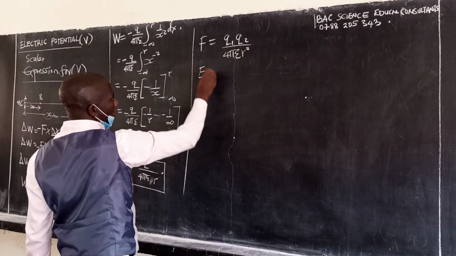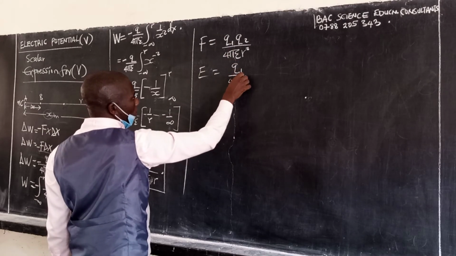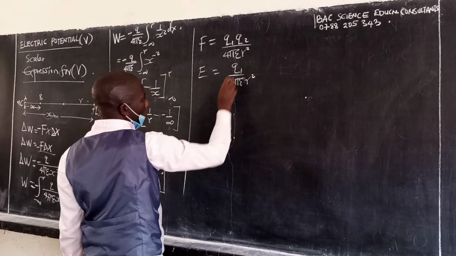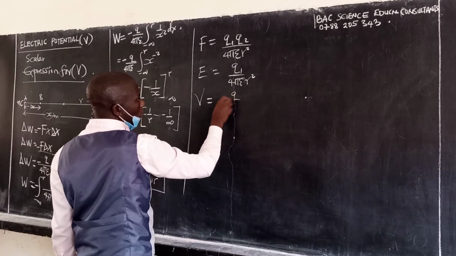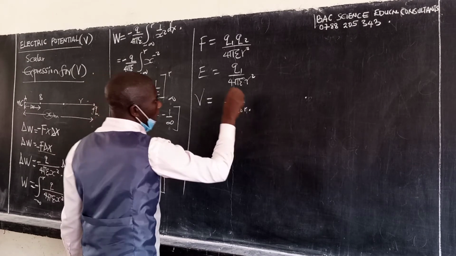Then we got E, which is one of the charges out of 4 pi epsilon naught r squared. Now we are finally getting potential, which is Q1 out of 4 pi epsilon naught r.